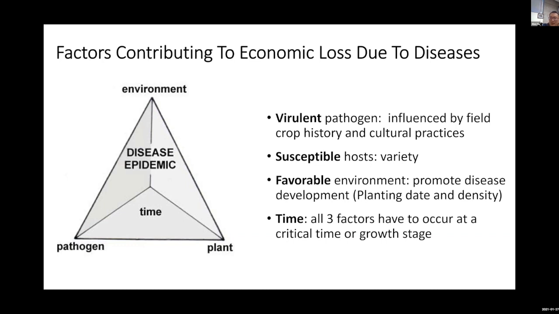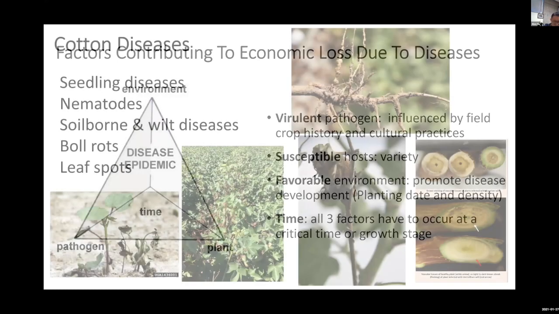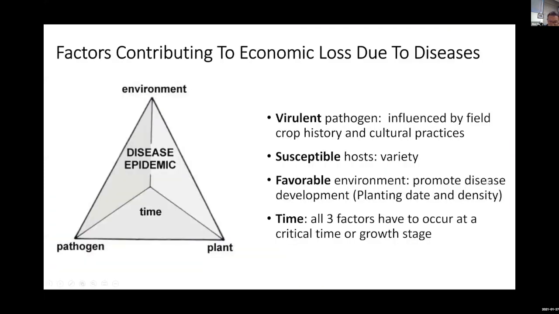And really, in order to cause economic loss, you have to have the pathogen present in your field. A lot of times, the pathogen is going to be influenced by the field crop history and also the cultural practices. And the cotton varieties you planted should be susceptible to that pathogen or certain strain of this pathogen.